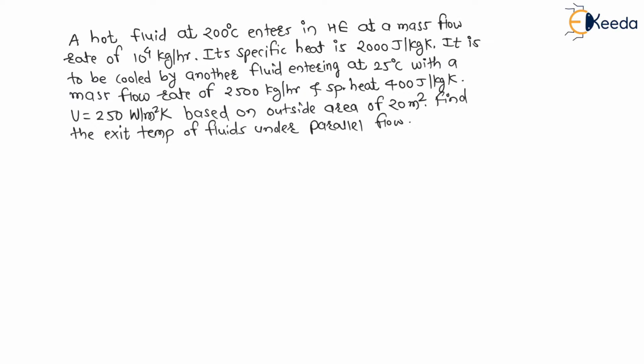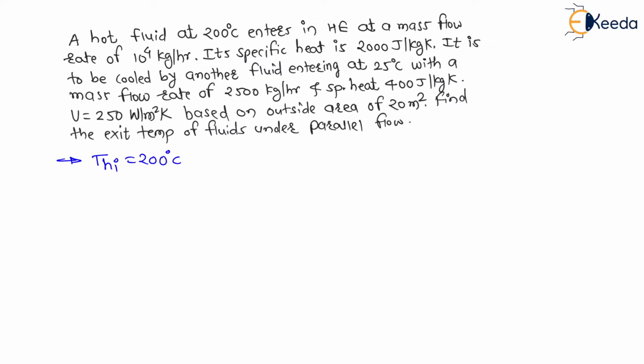Now entry temperature of hot fluid is given, therefore it will be Thi. The inlet temperature of hot fluid is given, which is 200 degrees Celsius. Then a hot fluid at 200 degrees Celsius enters in a heat exchanger at a mass flow rate of 10 to the power 4 kg per hour.